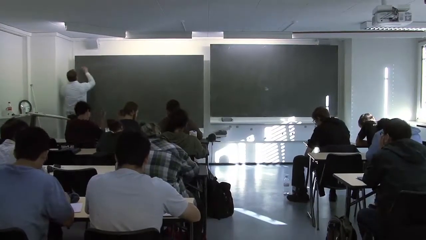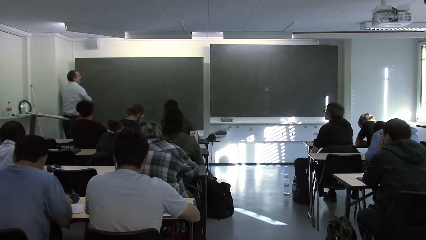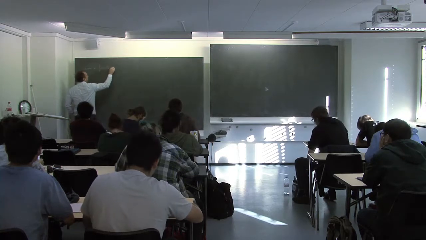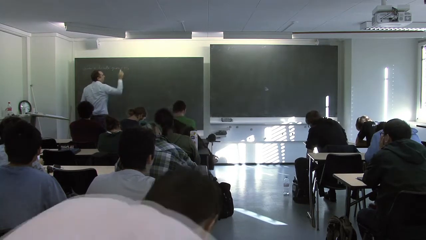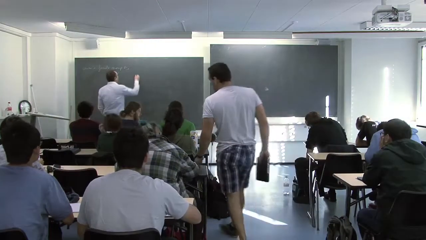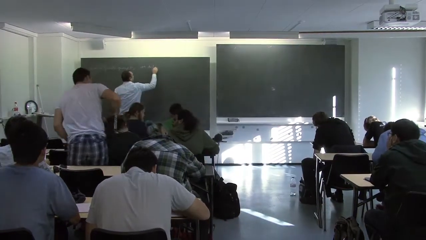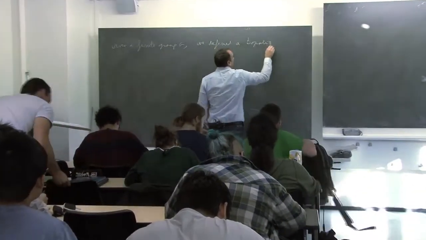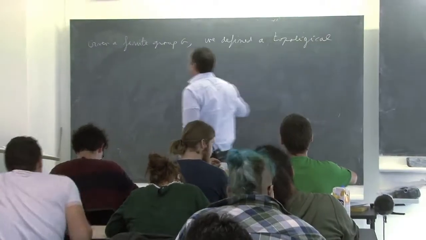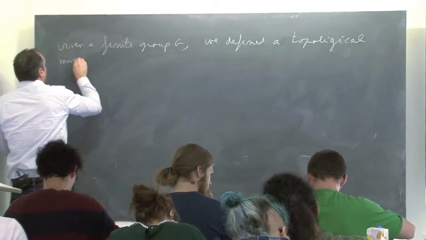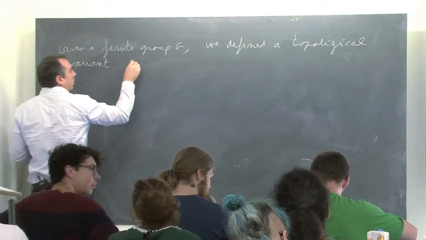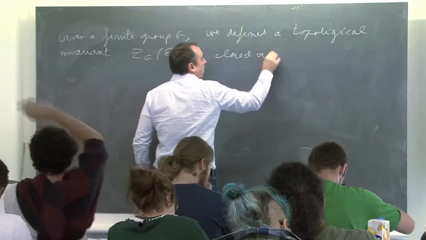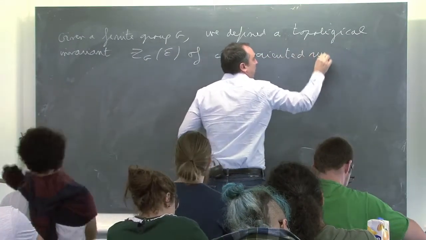So last time, we have seen that given a finite group G, we defined a topological invariant Z_G(Σ) of closed oriented surfaces Σ.